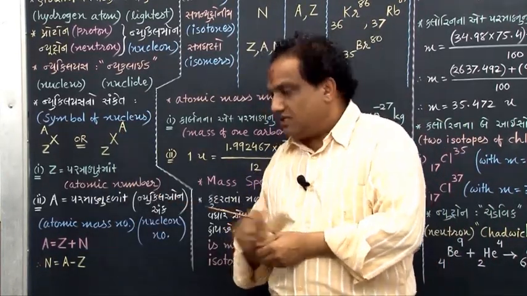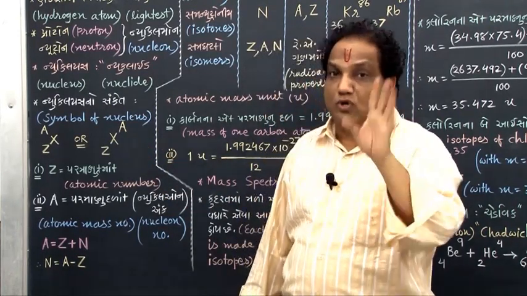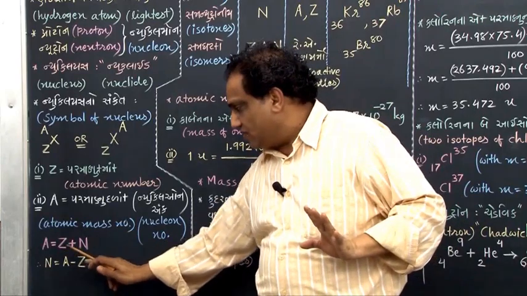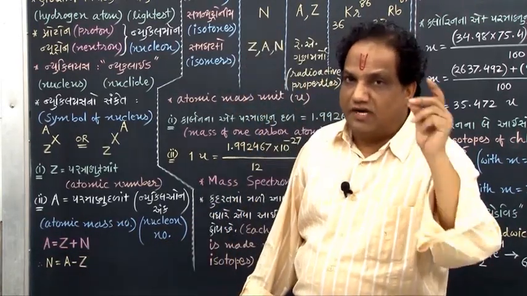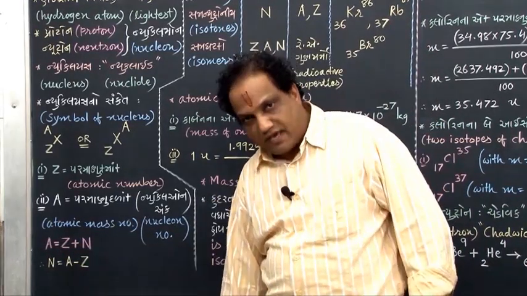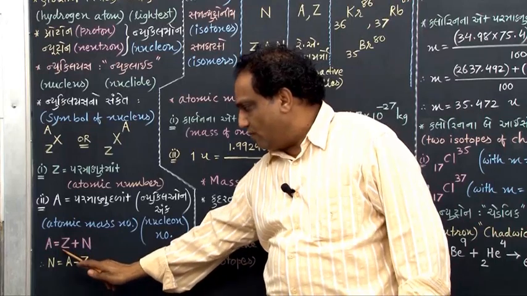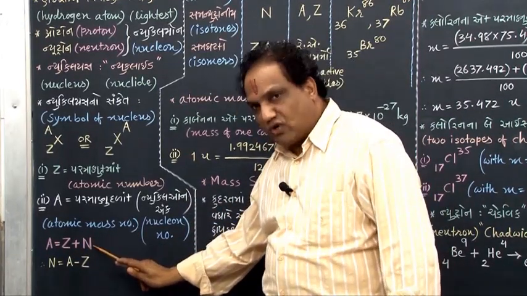Fine. Then what about capital A? Capital A is the number which is written at the top. It gives you the total number of protons and neutrons. We call it atomic mass number. It is shown by symbol capital A. It gives you the summation of number of protons and neutrons. Now tell me, what will be the number of neutrons from this?